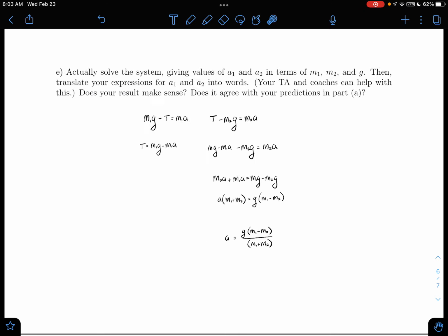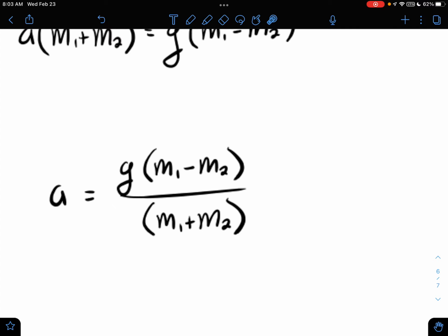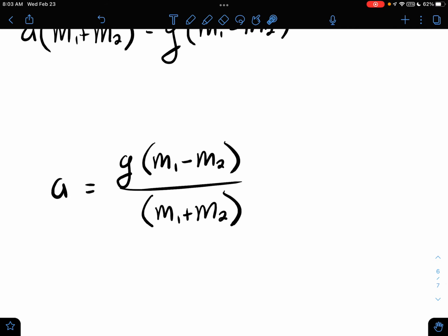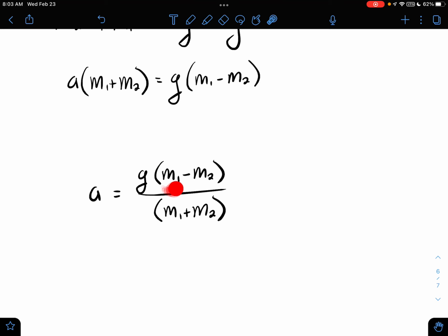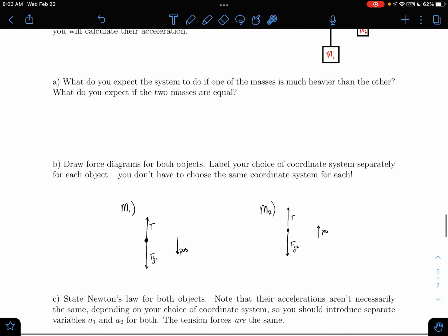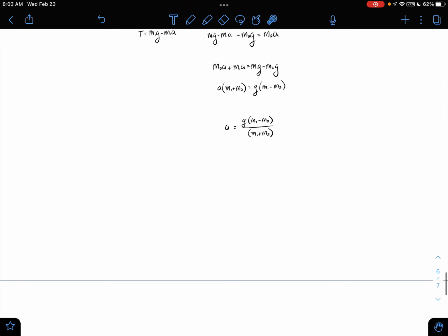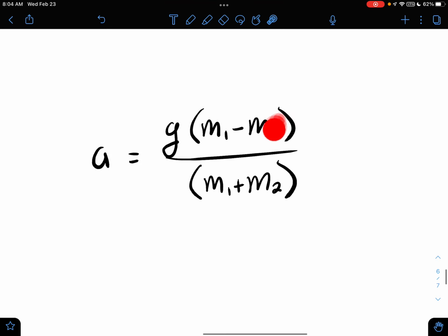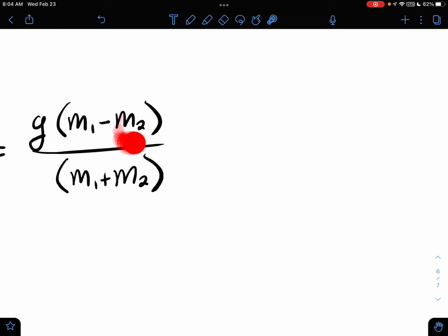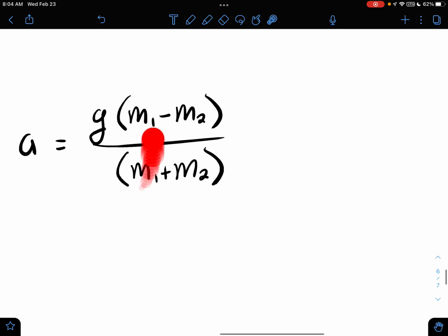Now we get to think. Does it agree with our predictions? Let's say that our mass 1, like we were thinking about before, is much bigger than our mass 2. If M2 is very small in comparison to M1, we can approximate and just ignore it for right now.